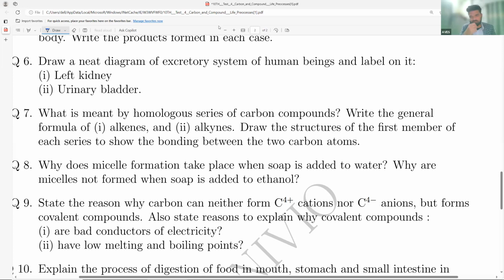A soap molecule has two ends with different properties. One is hydrophilic and the other one is hydrophobic.